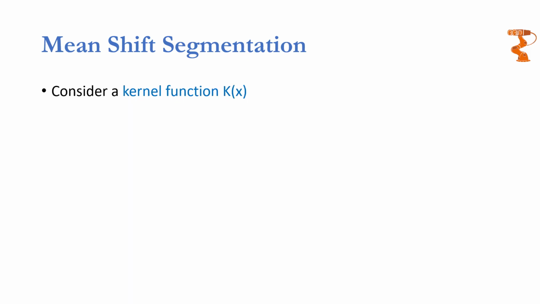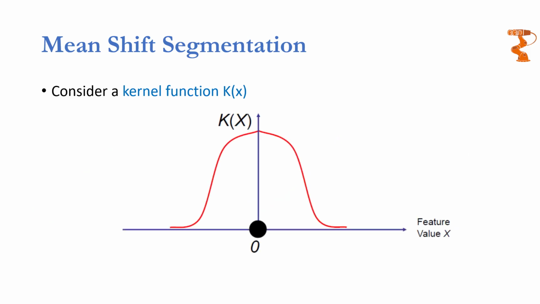So for this, consider a kernel function k of x having this form. It is nothing but a bell-shaped Gaussian curve. It can be something else as well, but for simplicity, we are going to discuss only this kind of kernel function, which is a bell-shaped Gaussian curve.